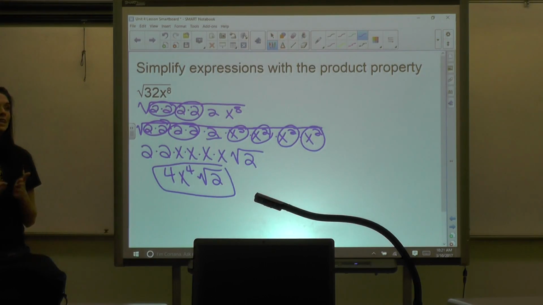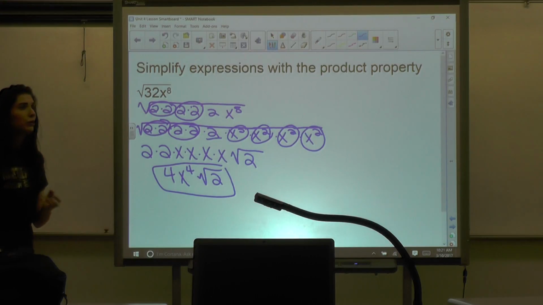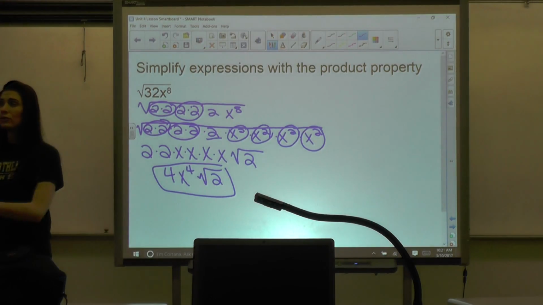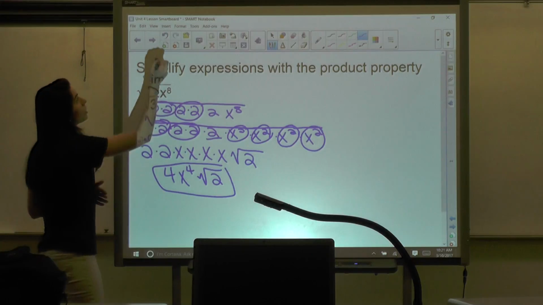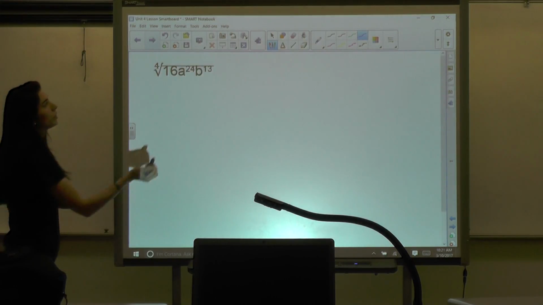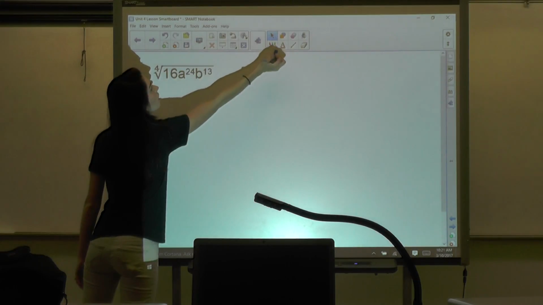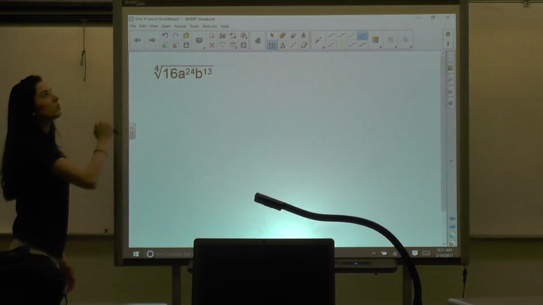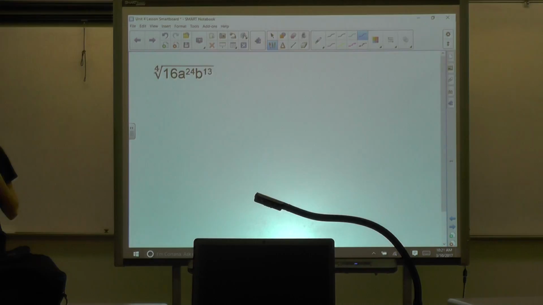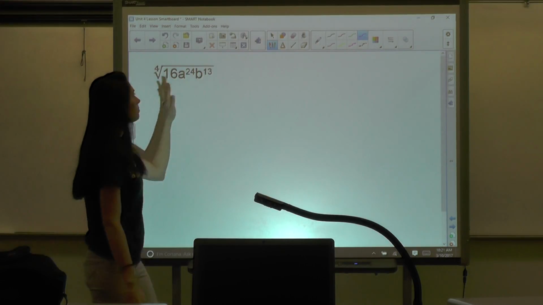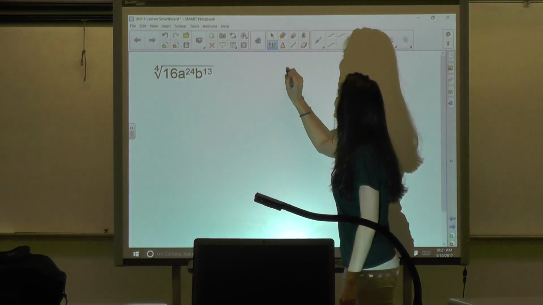They're not always going to give you square roots though. They can give you cube roots, fourth roots, fifth roots, and so on, okay? So it does get a little bit more difficult. All that number tells you is how many you have to have in order to bring one out. So we're going to simplify this. I have 16.